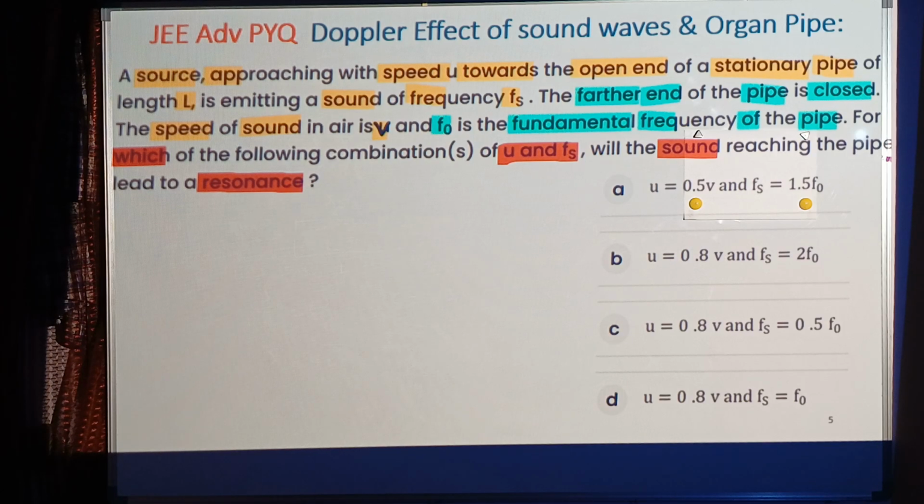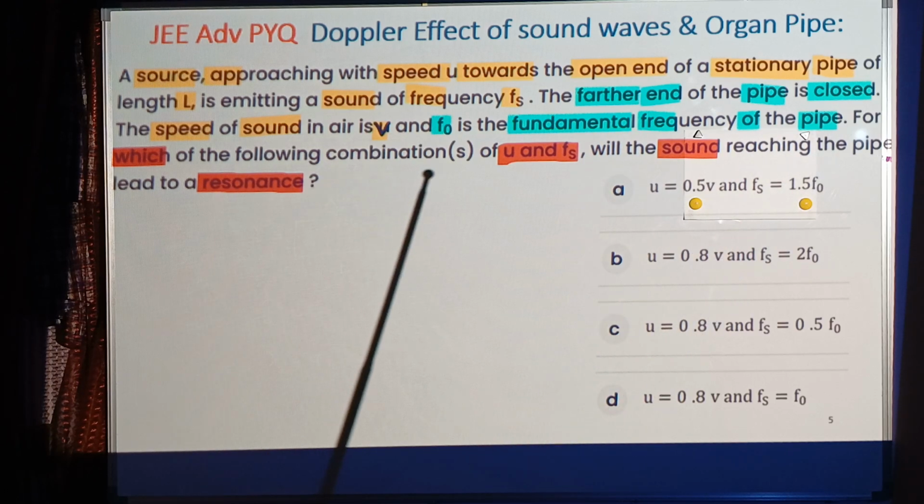This is the question, you can read it. A source approaching with speed u towards the open end of a stationary pipe of length L is emitting a sound of frequency Fs. The farther end of the pipe is closed. The speed of sound in air is v and f0 is the fundamental frequency of the pipe.